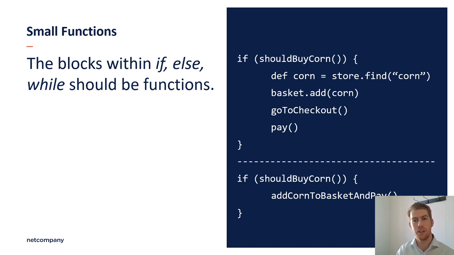So in this example, instead of defining corn and adding it to a basket, then going to checkout and paying, I wrap those four lines of code into a single function: add corn to basket and pay. So again, the prose comes out, right? If I should buy corn, then I add the corn to basket and pay. And I don't have to worry about the underlying code, because my coworkers have written it, they write proper code and they test it, so I know it works. And I can easily understand it without having to read more than a function name, right?